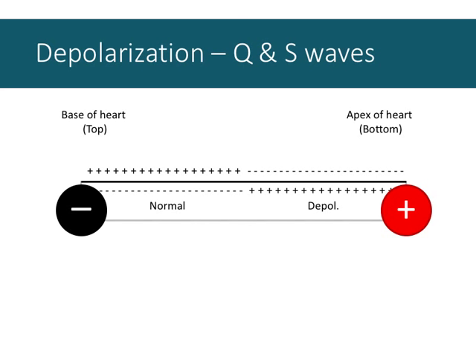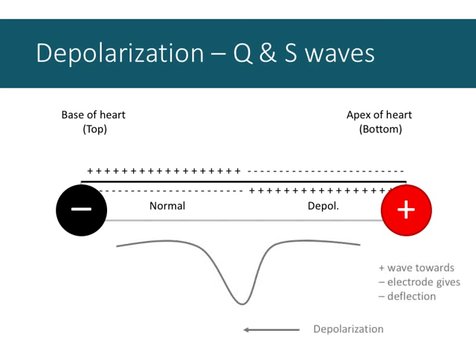Cells still depolarize. The signal is still sent through gap junctions and to subsequent cells. That signal is simply propagated in the opposite direction from what we just saw in the last slide. Still a positive wave, but here it's moving towards the left, and it's moving towards a negative electrode.